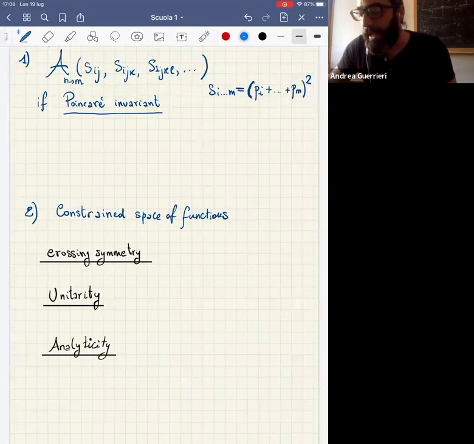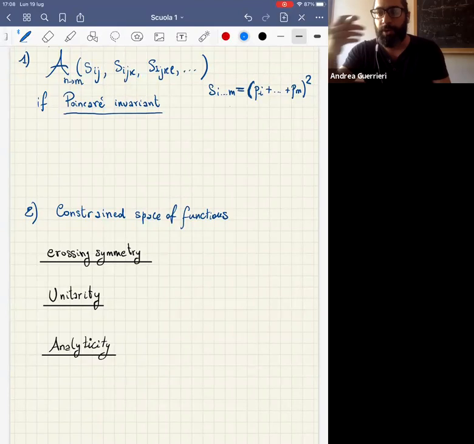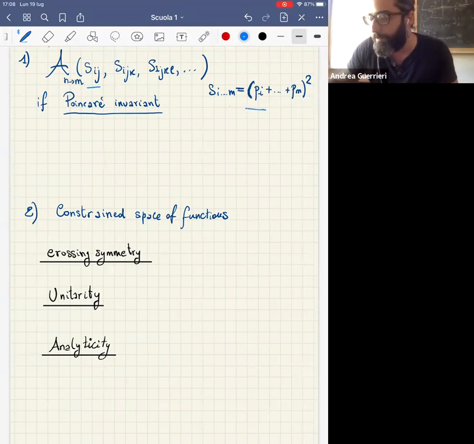In general, if you think about scalar theories, so I'm not including polarization vectors, and if we consider a system that is Poincaré invariant, the scattering will be a function of these invariants that are constructed by taking sums of momenta and squaring.